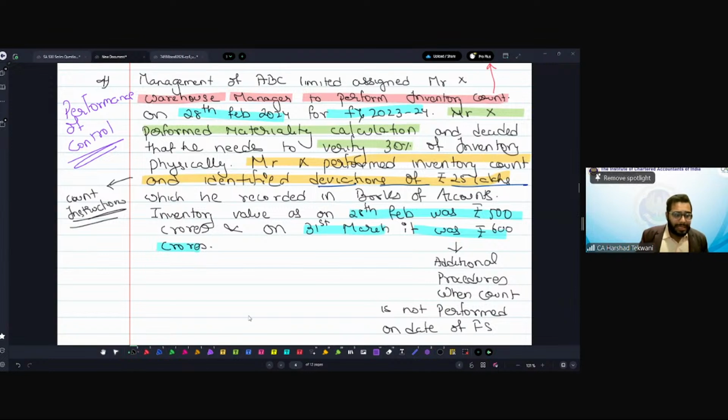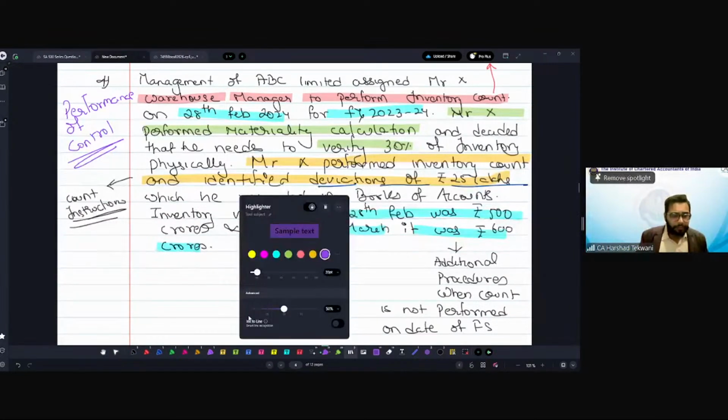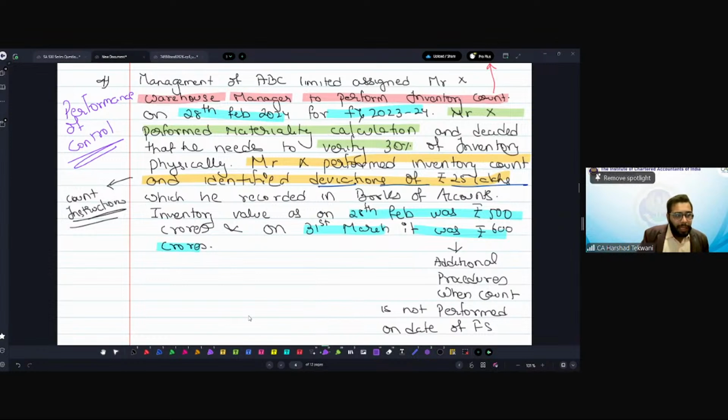And then the next part is that he recorded the deviation in the books of account without further investigating, without taking any approval. So management has directly taken a hit, and there could be a chance of fraud because he was the manager of the warehouse.